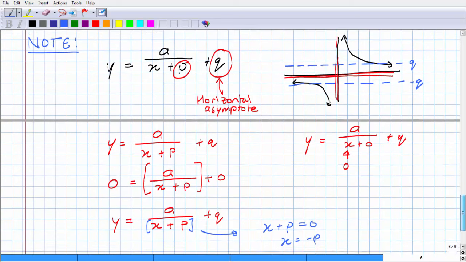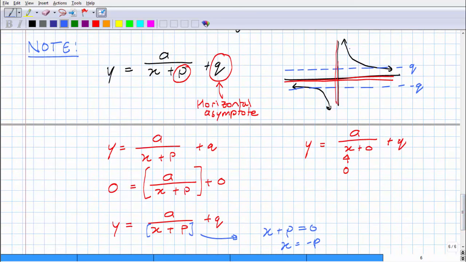In other words, the vertical asymptote is the negative of that. So if we have x plus 1, then the vertical asymptote is minus 1. If we have, for example, y equals a divided by x minus 2 plus q, then x equals 2 is our vertical asymptote, because we need to make x 2 for this to be divided by 0, and then we've got the problem.